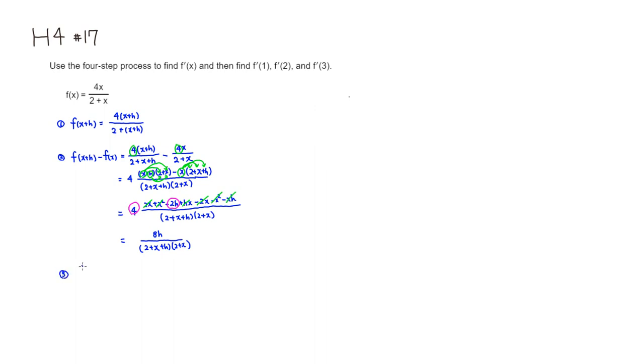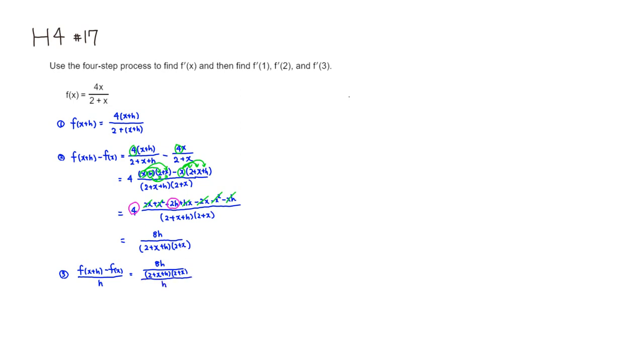Step 3. We need to find the difference quotient: f of x plus h minus f of x, all over h. The numerator is this from step 2, 8h over 2 plus x plus h and 2 plus x, but you're going to divide the whole thing by h.